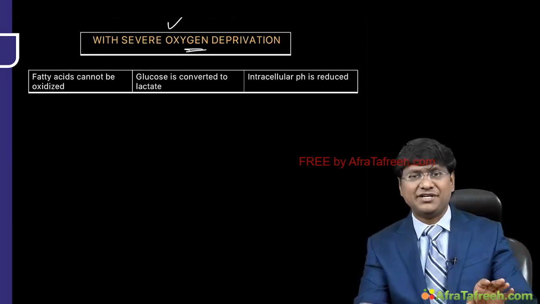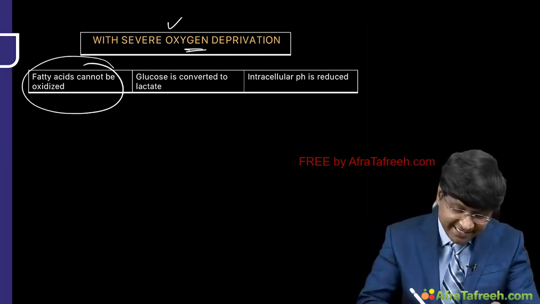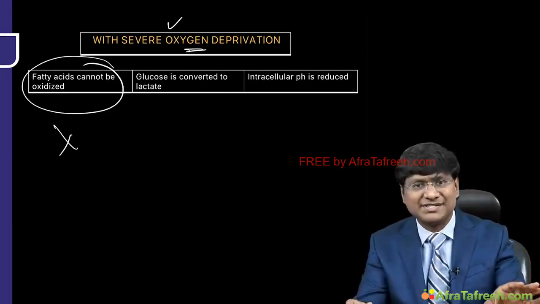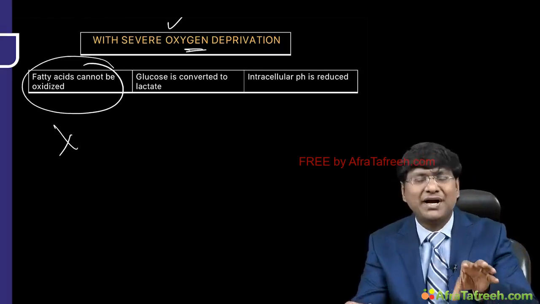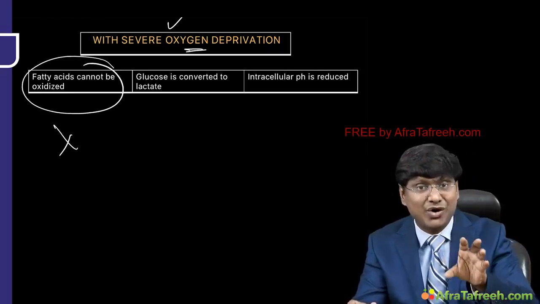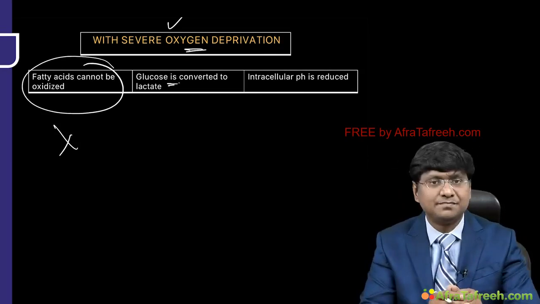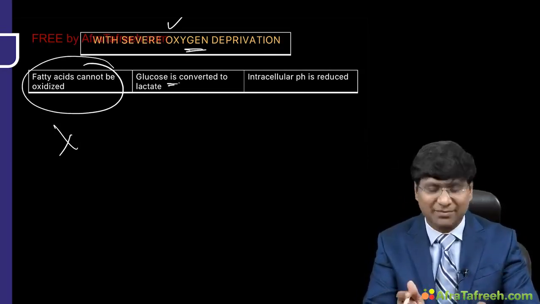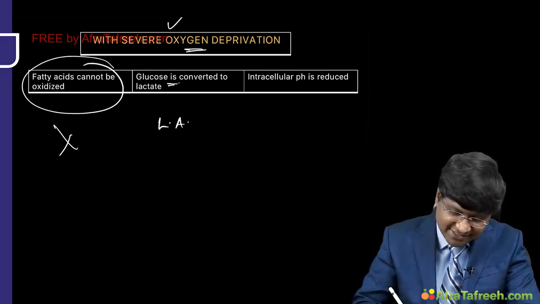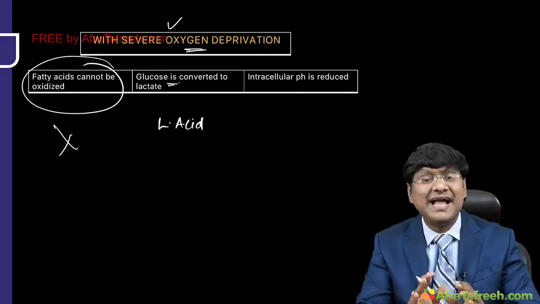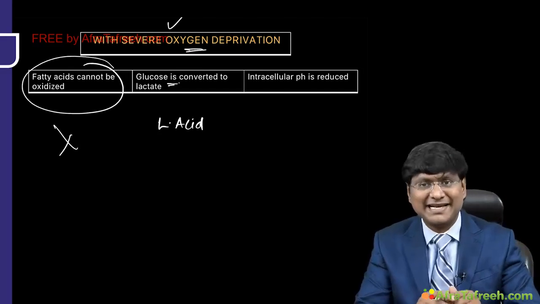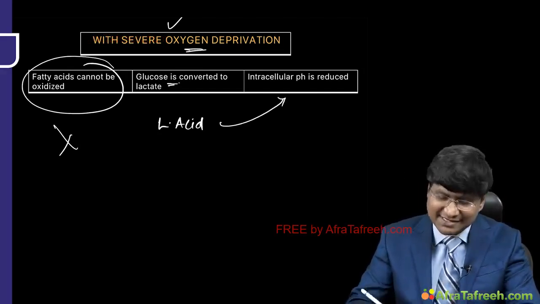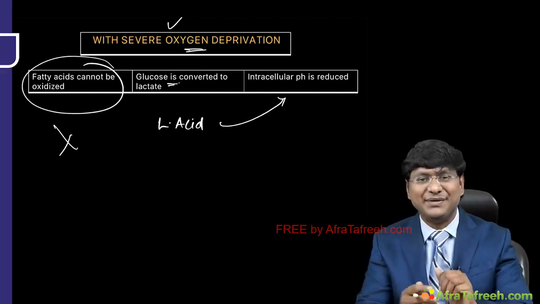But whenever there is severe oxygen deprivation, the fatty acids cannot be oxidized. So the myocardium is completely dependent on the glucose. And this particular glucose, in the absence of oxygen, will undergo anaerobic metabolism, and that will result in the synthesis of lactic acid. And whenever there is synthesis of lactic acid, remember, the intracellular pH is reduced.